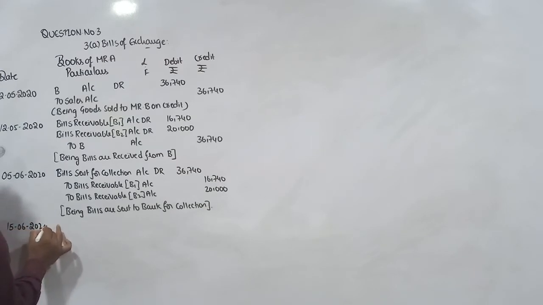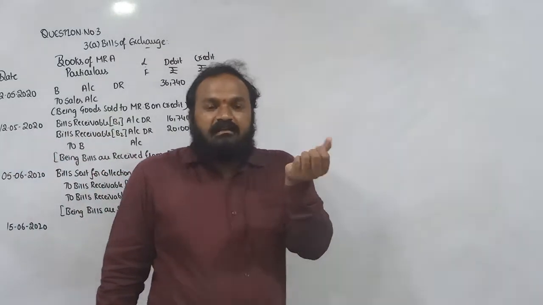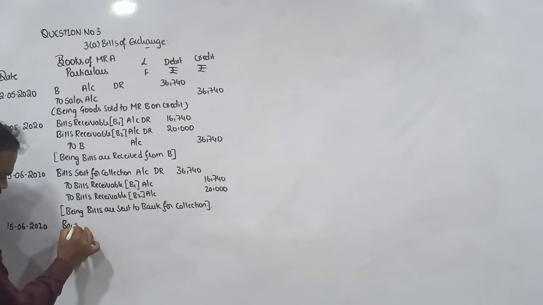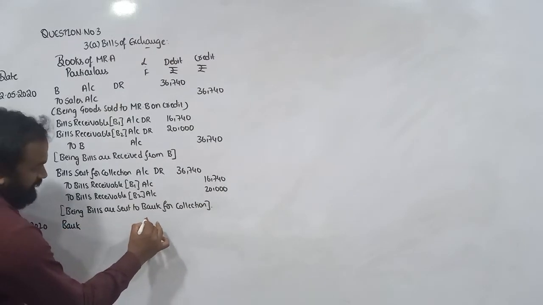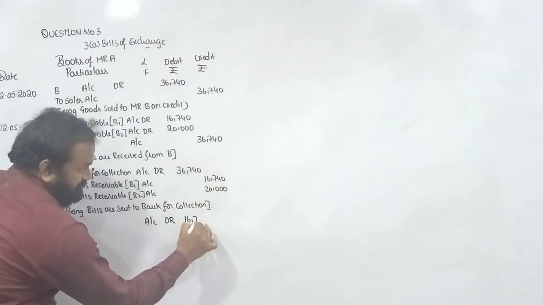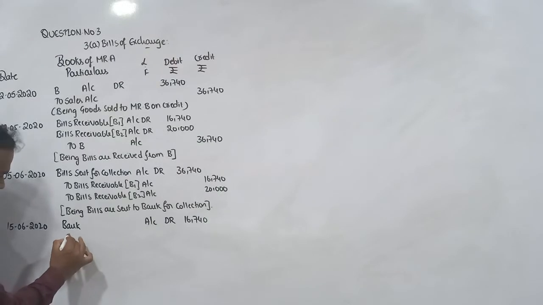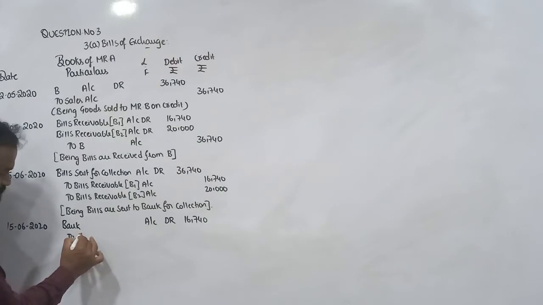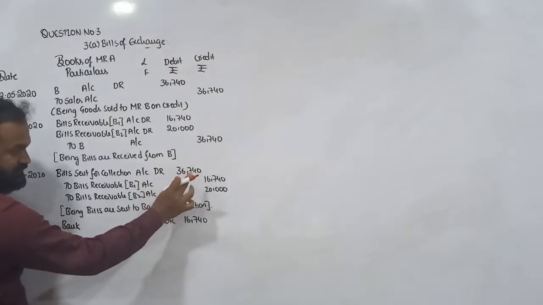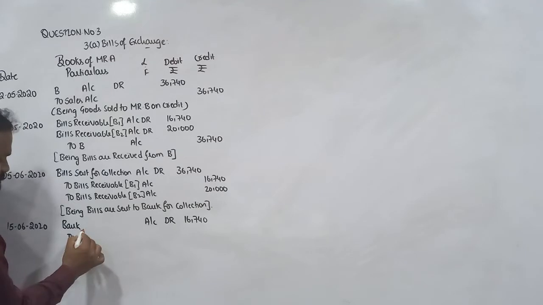15th June 2020. Our bank balance will increase now. The journal entry is bank account debtor 16,740 to bills sent for collection. Out of this 36,740, 16,740 is collected now.